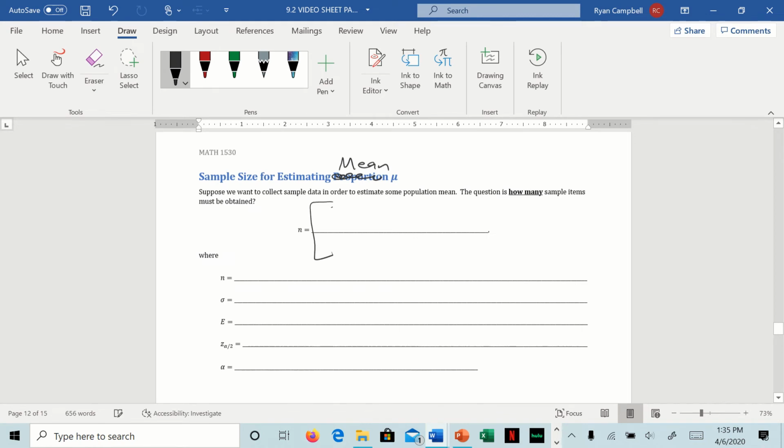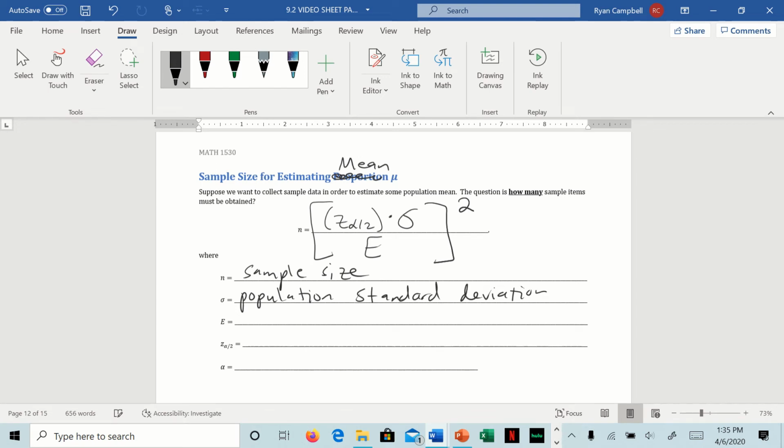So we have that critical value times sigma divided by E, squared, where n is our sample size, sigma is the population standard deviation, E is your margin of error. We said that's your critical value, right? Critical value of alpha divided by 2, where alpha is 1 minus your confidence level.